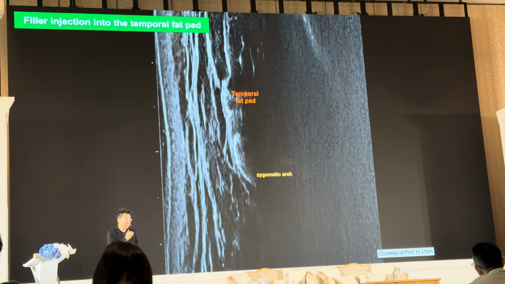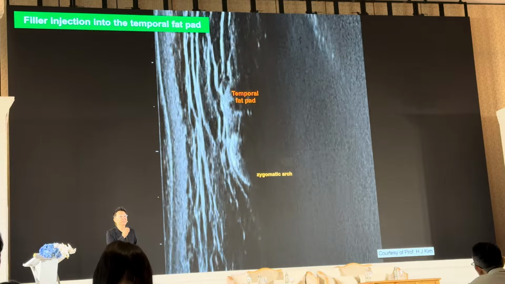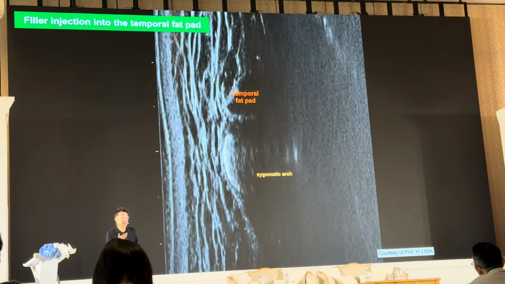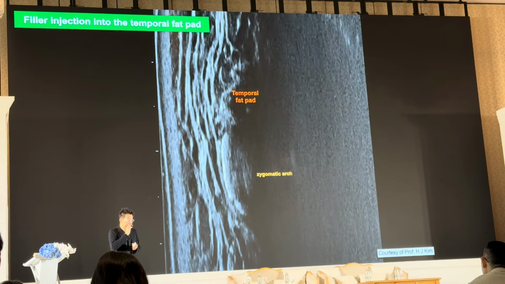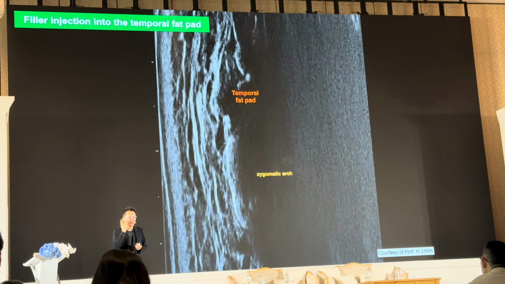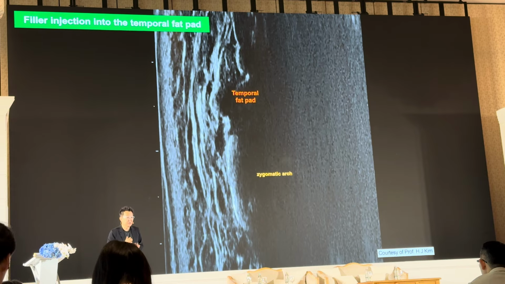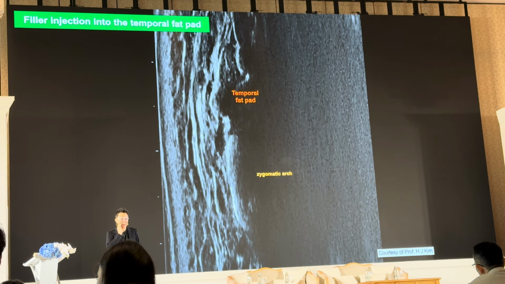You are trying to focus on the deep temporal fascia, and the SMAS as well, the same layers. Finally, you can get a very nice immediate lifting effect of the lower face. So I name this the filler lifting of the lower face.